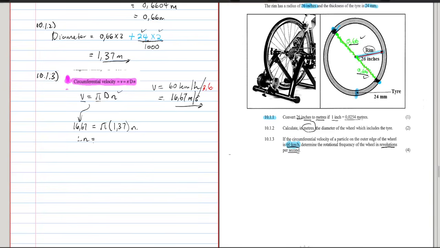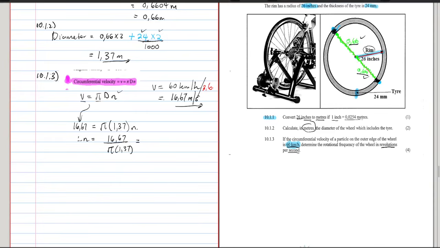Therefore n is going to be equal to, I just hope that you know how to manipulate formulas, but this one is straightforward. We're just going to divide by pi and 1.37. We're going to end up with 16.67 divided by pi times 1.37.